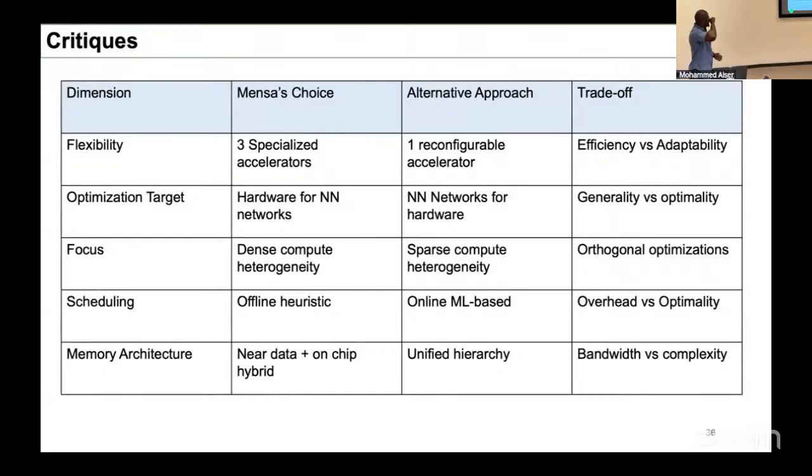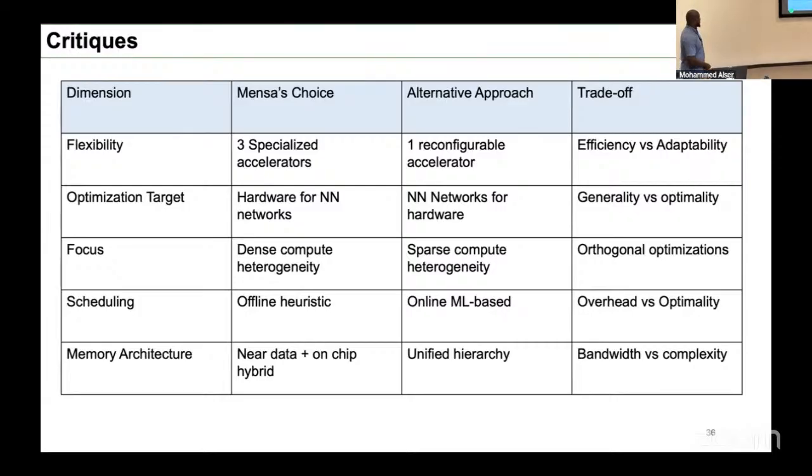And for the critics, it's more about giving a comparison. For example, Mensa has decided to use just 3 specialized accelerators. Can we actually just reconfigure one accelerator to match the workload? So in this case, you're trading off efficiency versus adaptability.